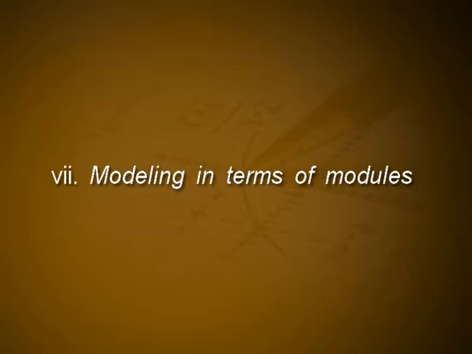Before making a mathematical model, one has to be clear about the structure and essentials of the situation. Seventh, modeling in terms of modules. One may think of models for small modules and by combining them in different ways, one may get models for a large number of systems. Eighth, state variables and relations.